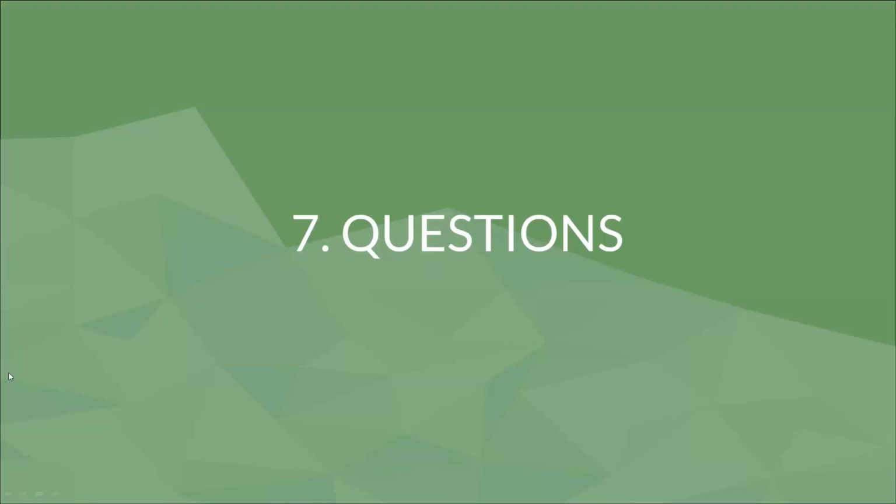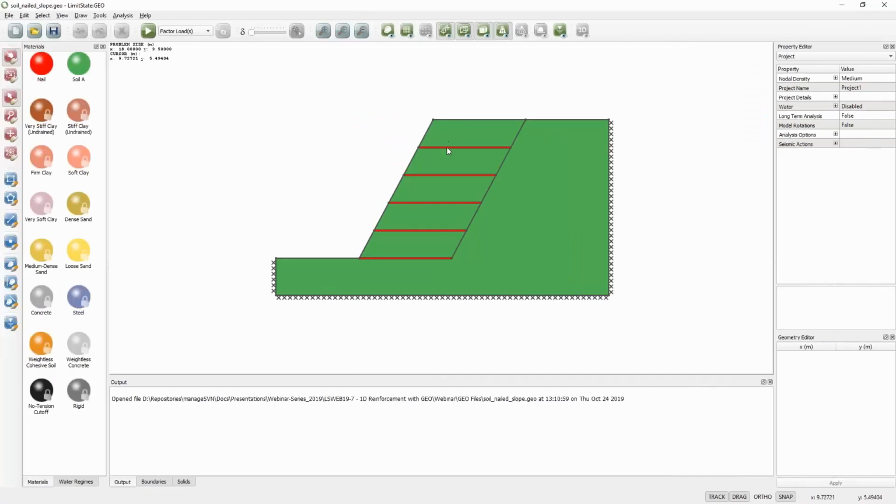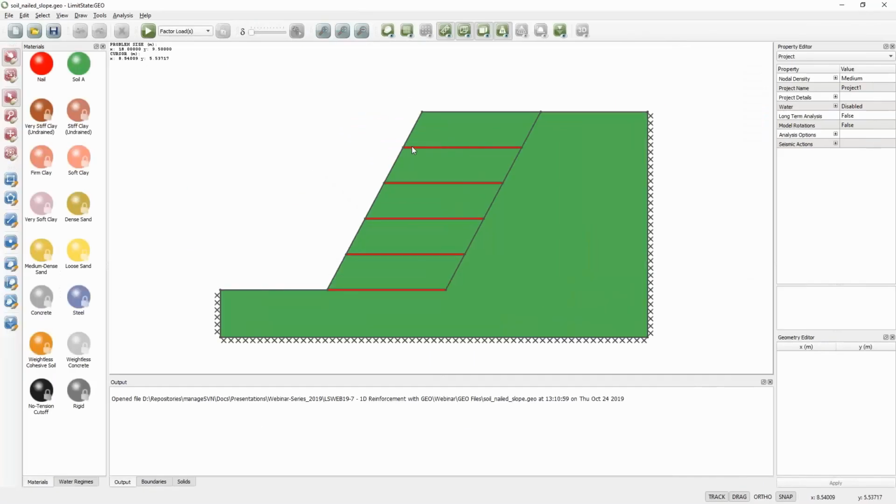I had a question about the nails always ending at a boundary. Why is this? If I bring up the software, let's look at this one again. The nail here is essentially modelled on a boundary, and the boundary itself cannot end in the middle of a solid block, so it has to be connected to another boundary.